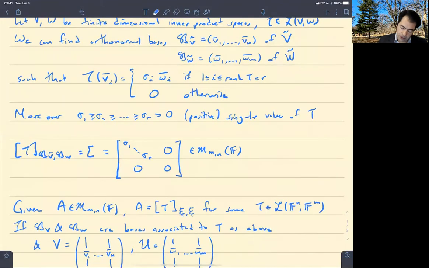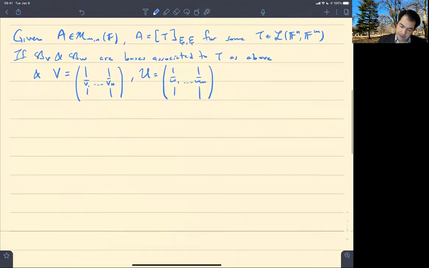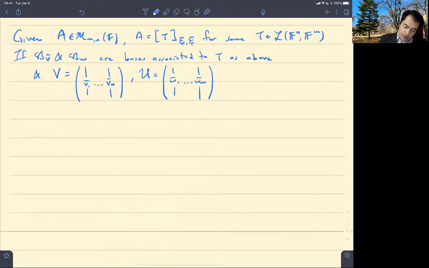Okay, so here the bases are V tilde, W tilde. So now capital V will just refer to this matrix as opposed to the vector space. Notice that in this case it's not actually overlapping notation, because in this case the vector spaces are Fn and Fm. But still, let's agree with that convention for today.